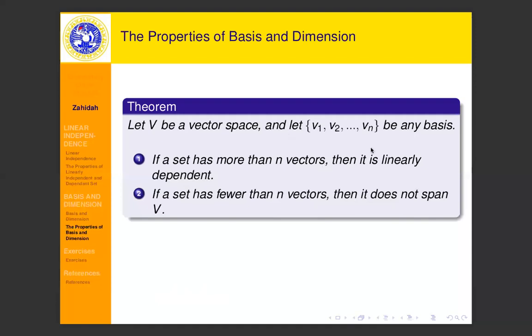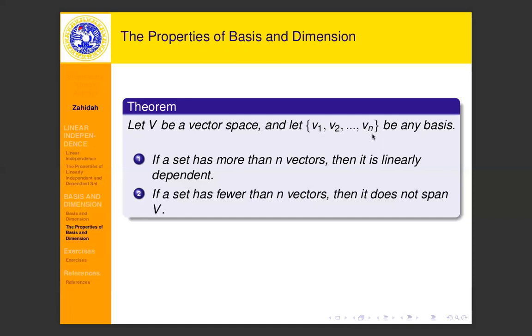So it's from here: for this set V1, V2, until Vn, any basis, since this is a basis, it is linearly independent.